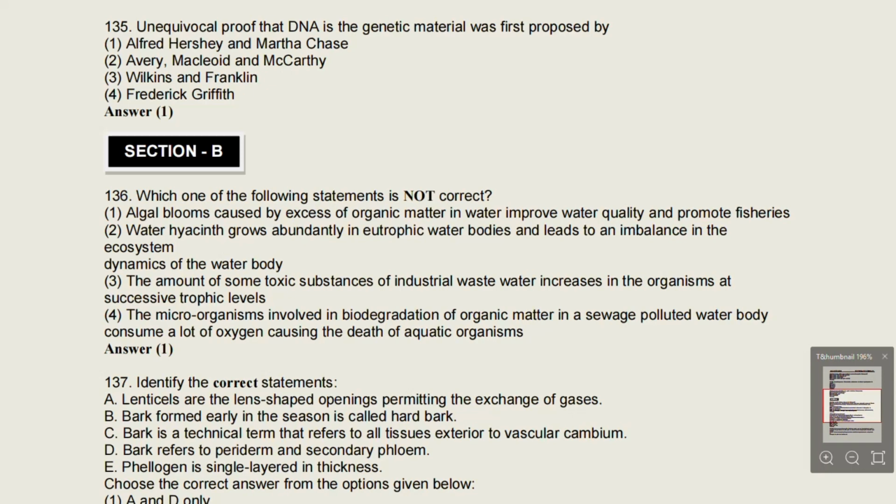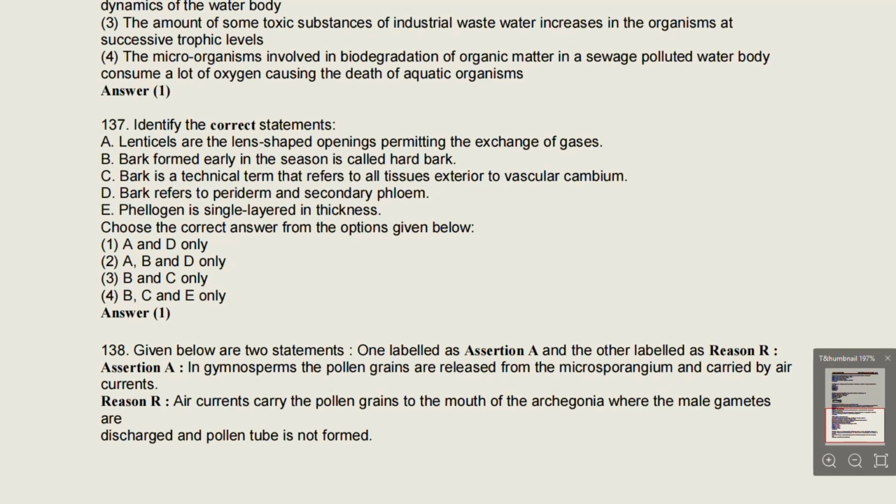So the next question is, identify the correct statements. A. Lenticels are the lens-shaped openings permitting the exchange of gases. This is correct. B. Bark formed early in the season is called hard bark. This is incorrect. The bark formed early in the season is called soft bark. C. Bark is a technical term that refers to all tissues exterior to vascular cambium. This is also incorrect.